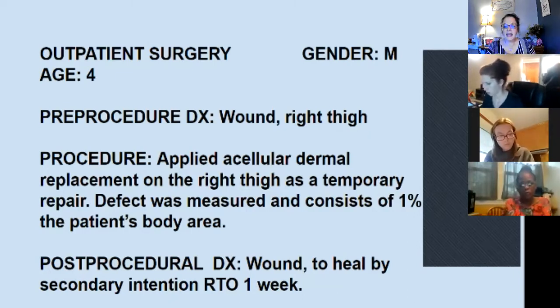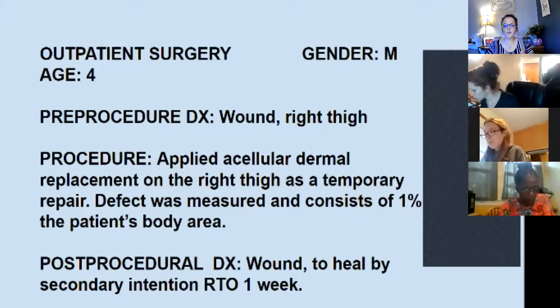Applied acellular dermal replacement on the right thigh as a temporary repair. Defect was measured and consists of 1% of the patient's body area. Post-procedural diagnosis, wound to heal by secondary intention. RTO 1 week. RTO means return to office in 1 week.